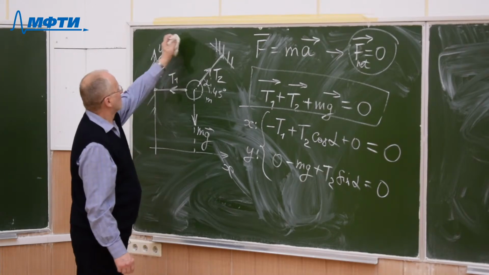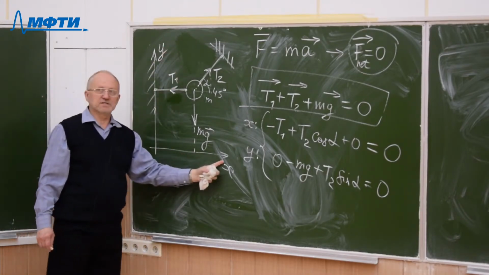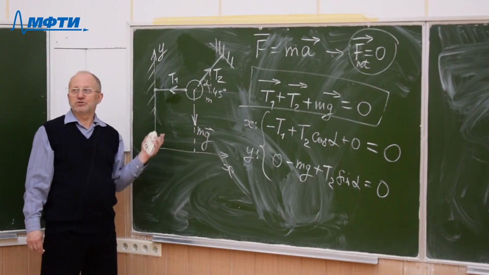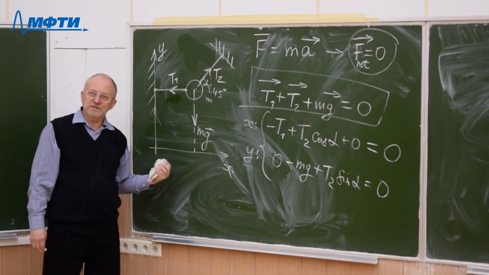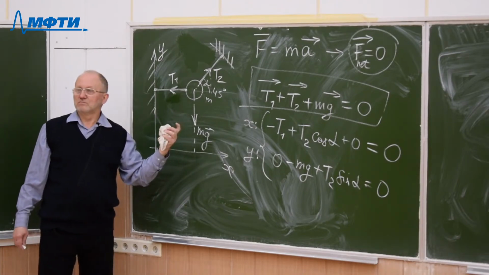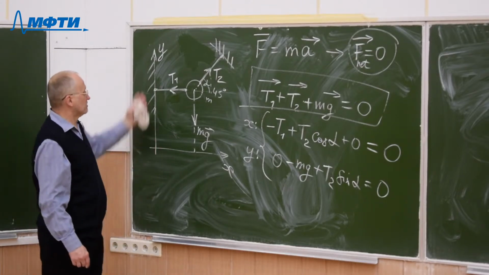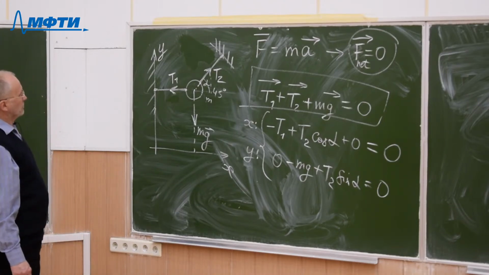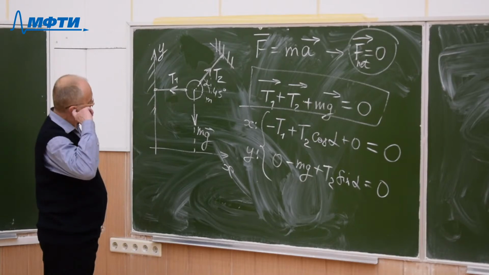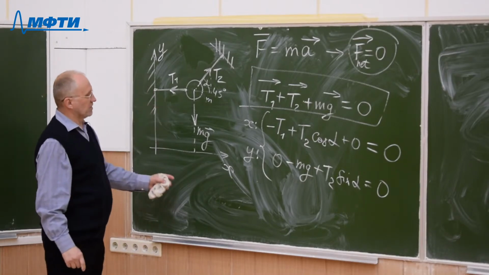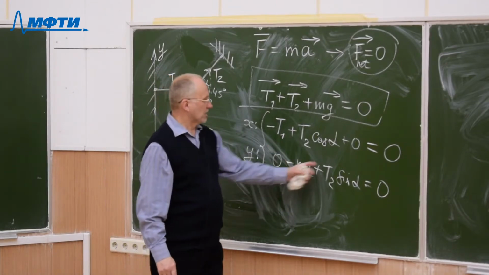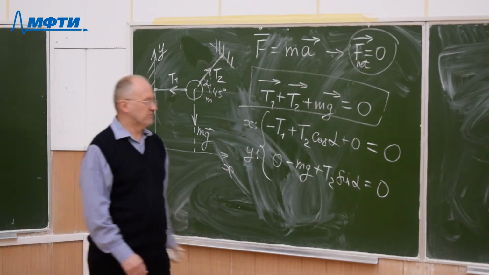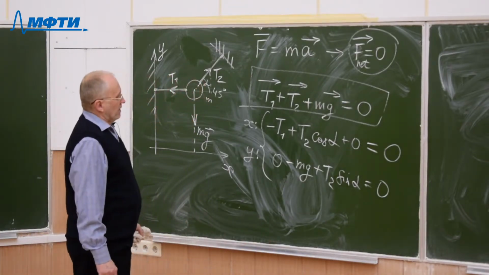So you can choose any coordinate system to solve the problem, and among many possible systems, you choose the one which is most convenient for the given problem. There is always some convenient reference frame. Why is it convenient? Because in both scalar equations, one term is 0 if we choose the axes this way. Well, that's convenient.